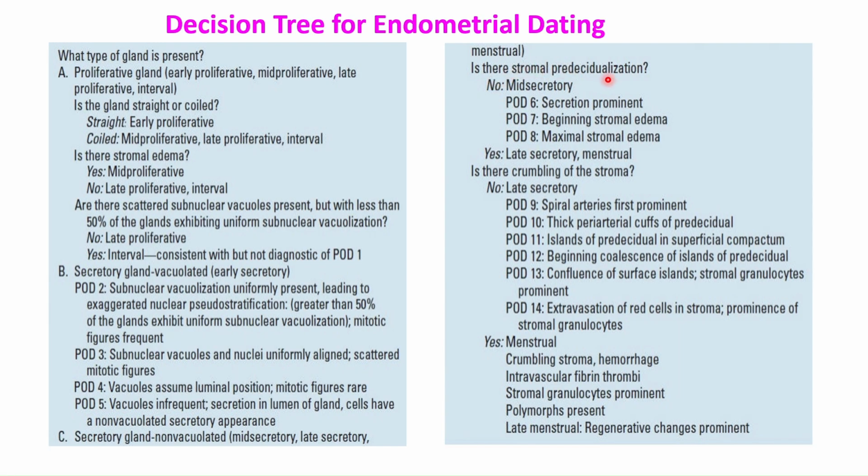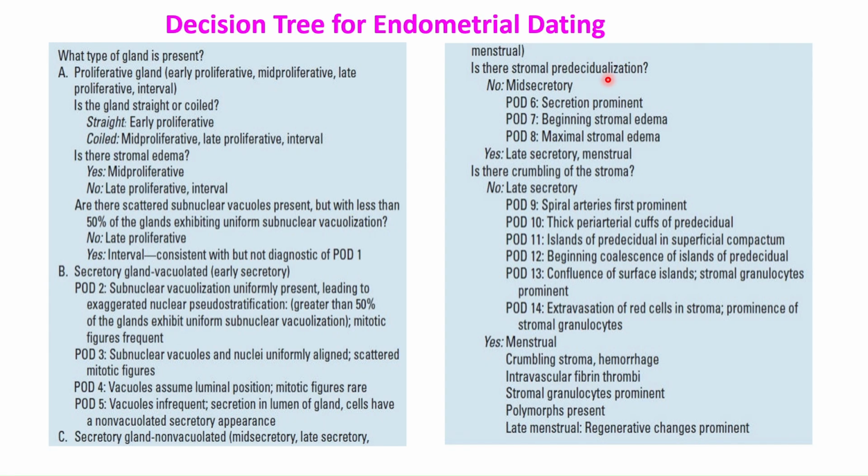If you have seen glands are having secretory changes, then you go for stromal changes, whether pre-decidualization is present or not. If no, it is mid-secretory phase. Now in mid-secretory phase, POD 6 shows secretion prominent, POD 7 where stromal edema begins, POD 8 shows maximal stromal edema.